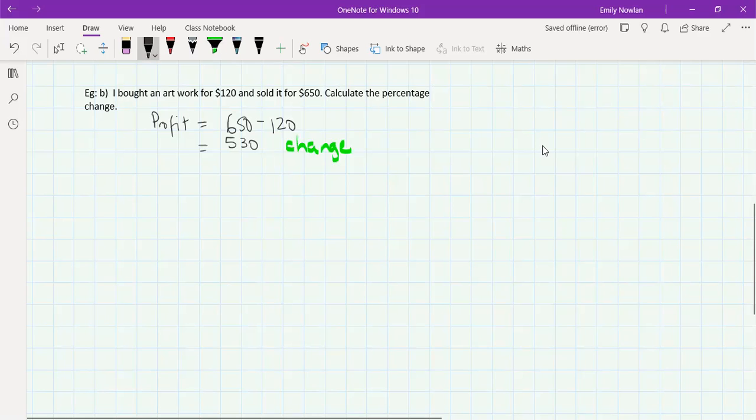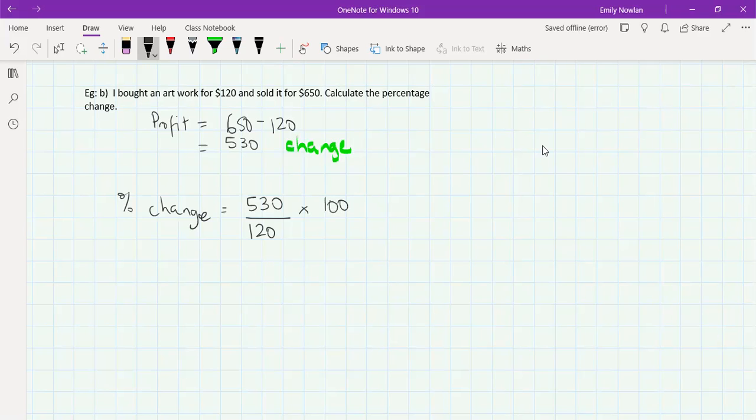Okay, so now we need to go back to the formula. So percentage change is equal to the value of the change, which is 530, over the original value. So we actually paid 120 for it to begin with, and we have to times it by 100 to turn it into a percent. So this one we've made a big profit. So someone must have got very famous between me buying the artwork and me selling the artwork.